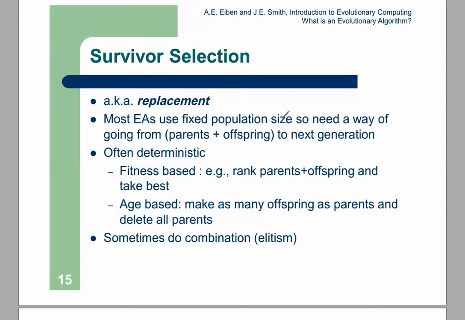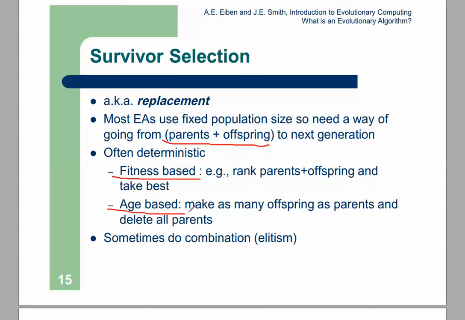Survivor selection is a replacement, a method to select the new population for the next generation from children and parents. It is a collection of parents and offspring. The better the fitness of offspring or parents, the more probability to be selected for the next generation. It is fitness based, or it may be age based.